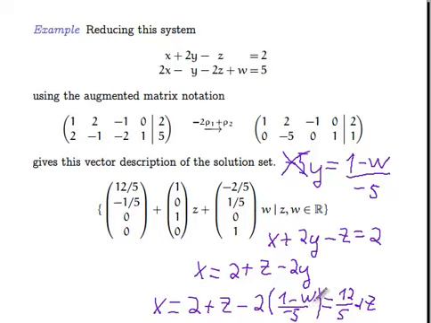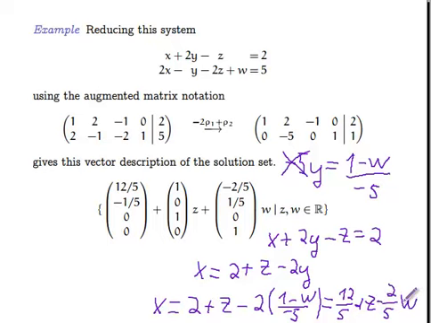And then for the w term, I have minus 2 over minus 5, which gives me 2/5. But I get another minus, so that's going to be minus 2/5 w. So here I have an expression for x. x equals 12/5 plus z minus 2/5 w.